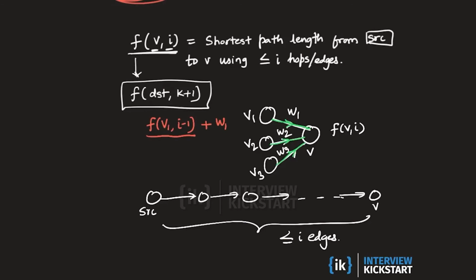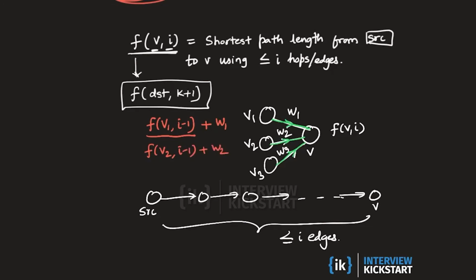And to that cost I add the cost of the final edge from v1 to v. Similarly, if the shortest path from the source to v had come in through the second edge from v2, in that case, f of v comma I could be written as f of v2 comma I minus 1 plus w2.